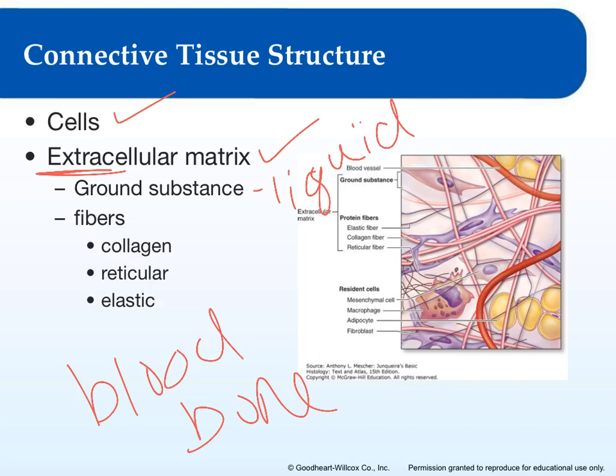So out of those fibers, there are three basic types of fibers that you could see. Okay, we have collagen fibers, and you can see these fibers over here in this picture. Collagen fibers are really, really strong, and they're resistant to stretch.